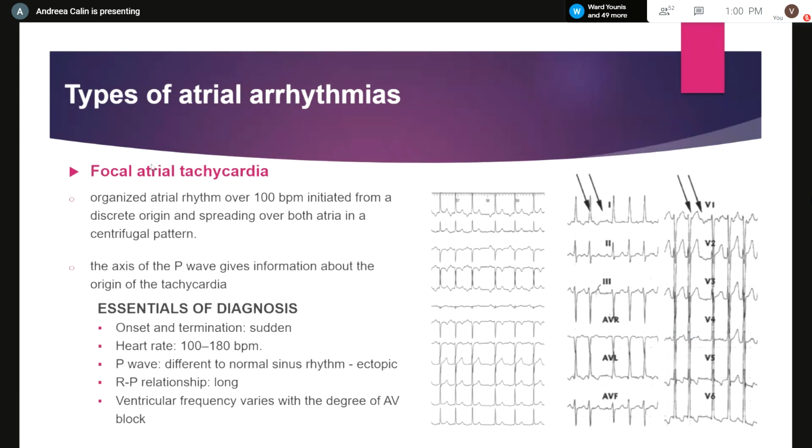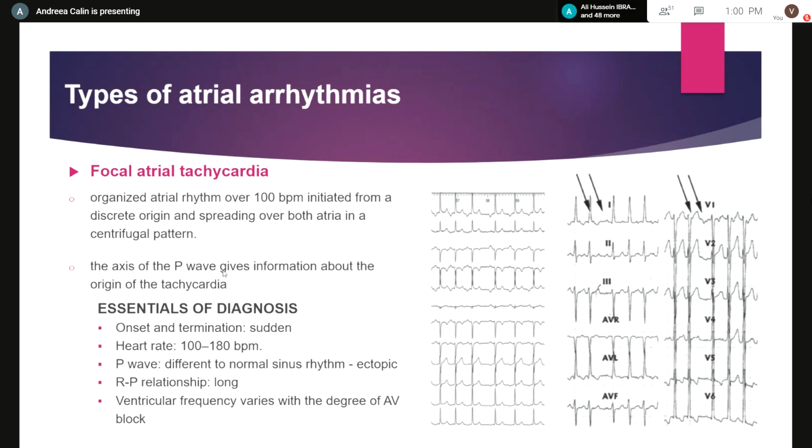The focal atrial tachycardia is a rhythm generated by an organized atrial structure over 100 beats per minute, initiated from a discrete origin and spreading over both atria in a centrifugal pattern. The axis of the P wave gives us information about the origin of the tachycardia. The tachycardia has a sudden onset and termination, and the heart rate is below 200, so maybe over 180.